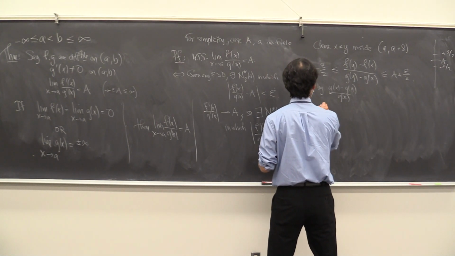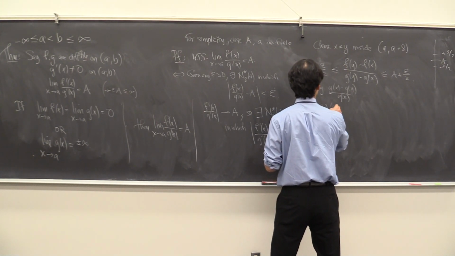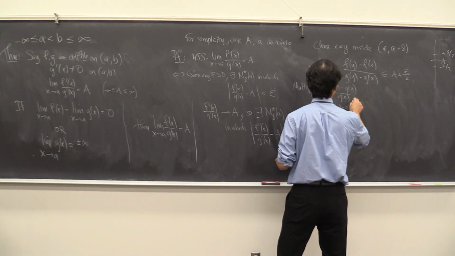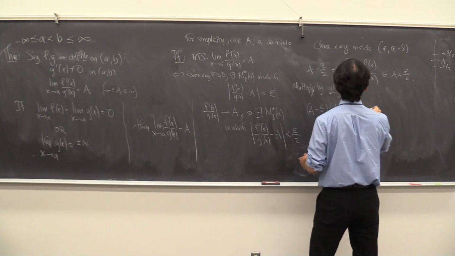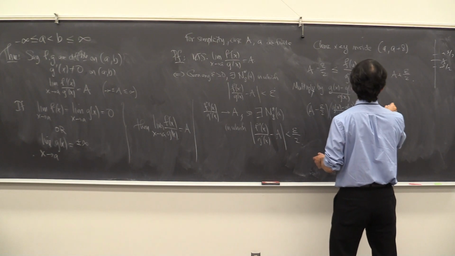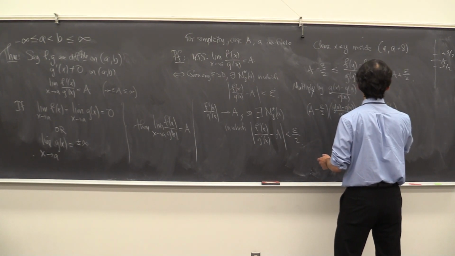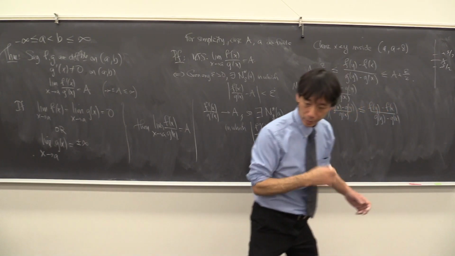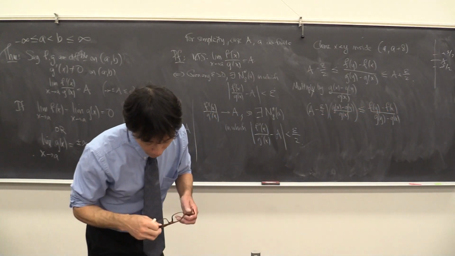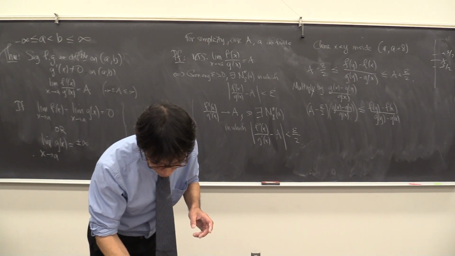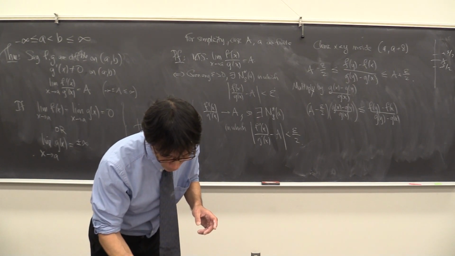We get A minus epsilon over 2 times g of x minus g of y over g of x is smaller than f of x minus f of y. Wait a second, is that right? I think I probably should have written things backwards.